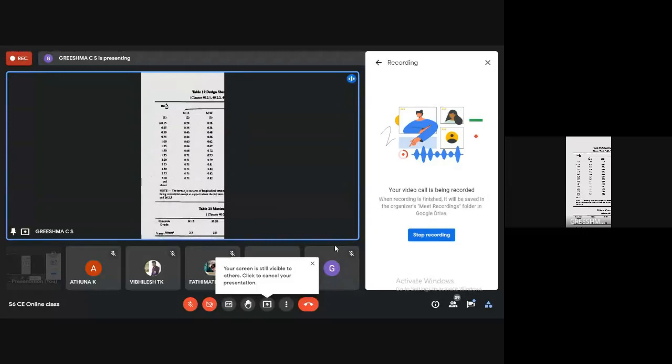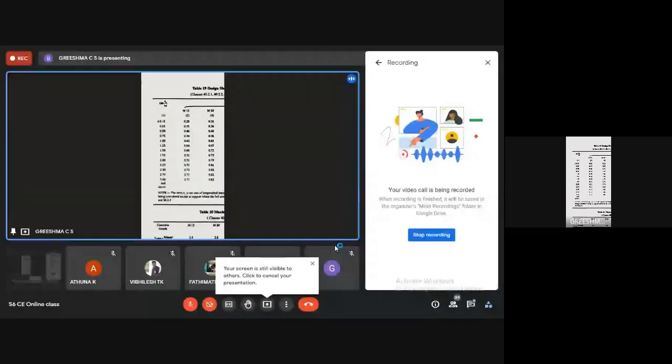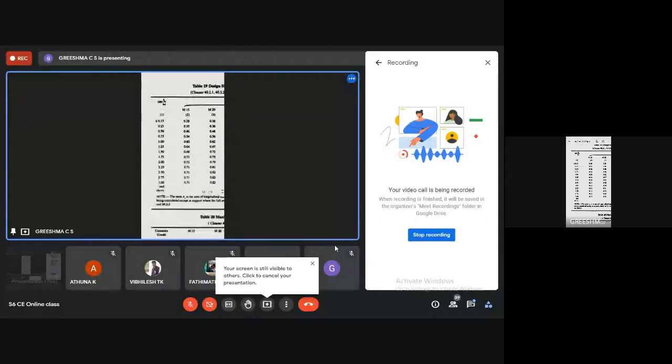Correspondingly we have the M20 value. For 0.25 the M20 value is 0.36, as you can see. For 0.5 the value is 0.48. So the permissible shear strength as per the IS 456 will lie between 0.36 and 0.48. Then 0.48 will be slightly below. Can you see? This is the 0.48.